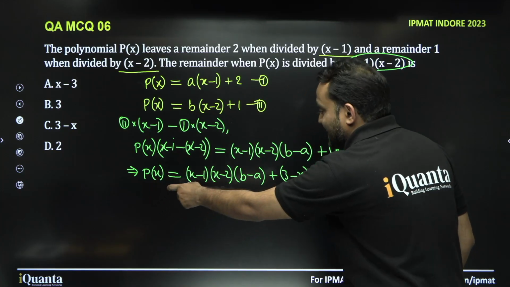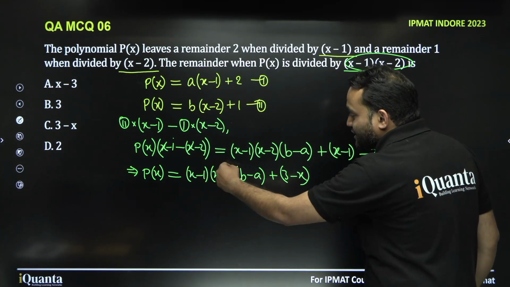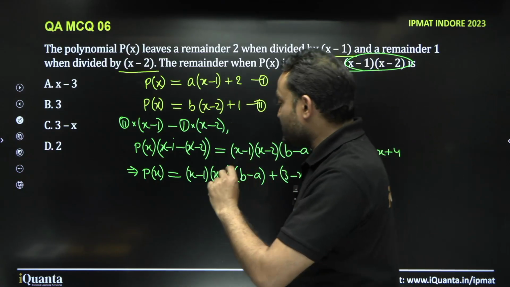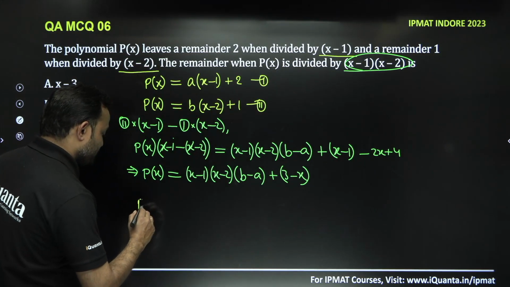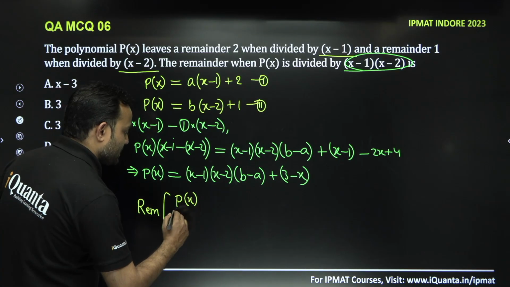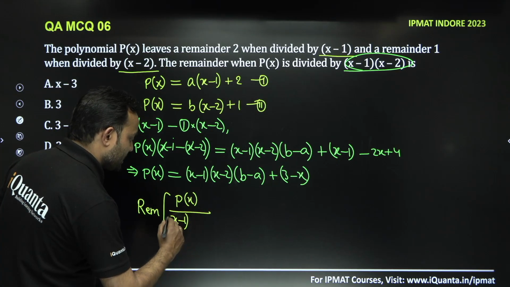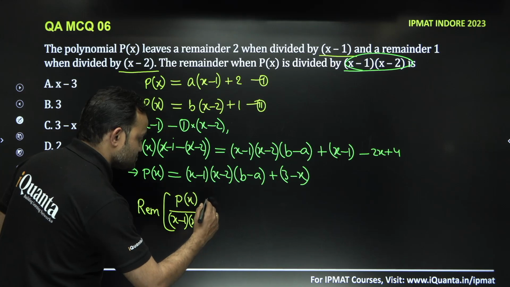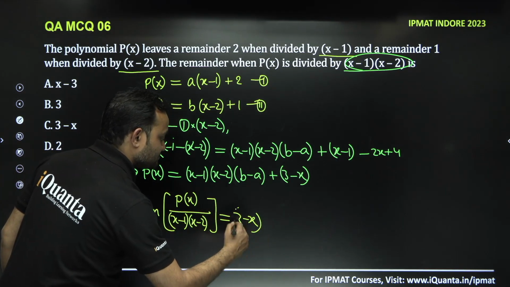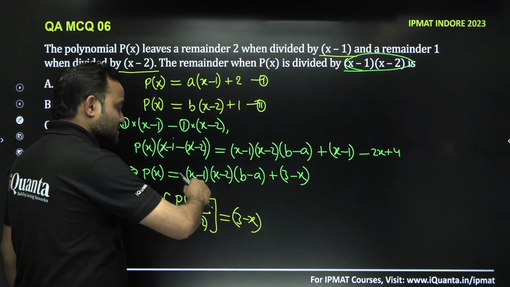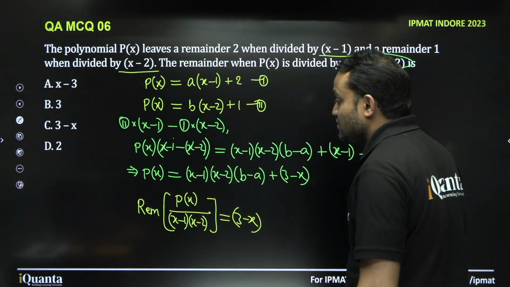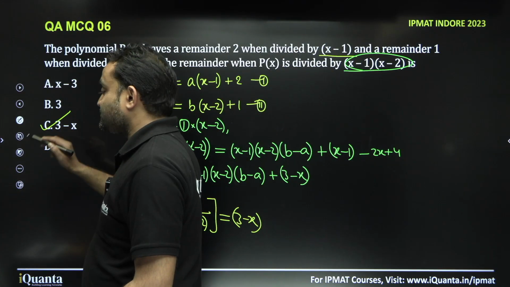This P(x) is something into (x minus 1)(x minus 2) plus 3 minus x. So if we divide P(x) by (x minus 1)(x minus 2), the remainder that we get will be 3 minus x, because the first term will give a remainder 0 when divided by (x minus 1)(x minus 2). So that is our answer, option C.